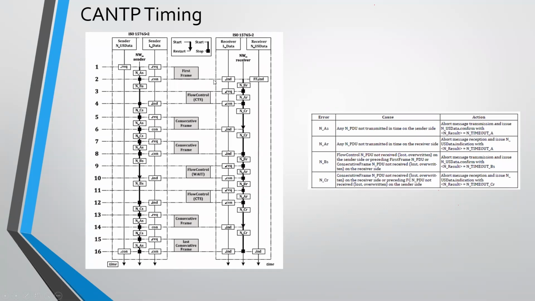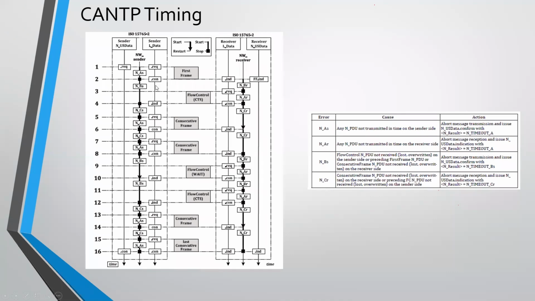That error will mainly be associated with the line. If you are sending something and you do not get the acknowledgement, it can be due to a fault in the line. So that is the NAS time, the NAR time and the NBS.